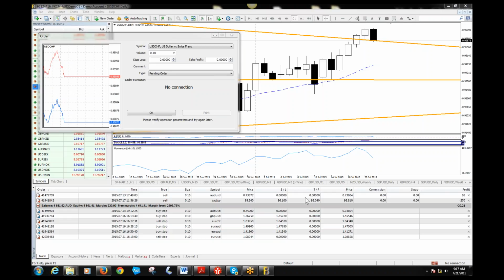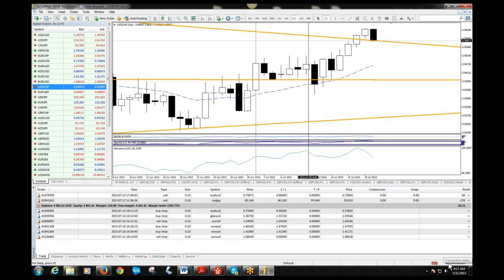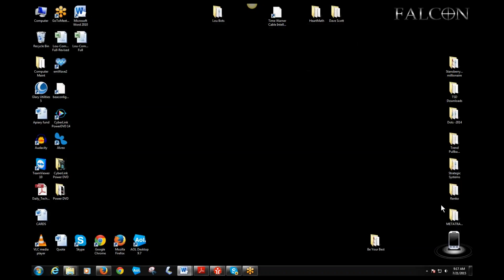I don't know if you guys can hear me or not. I guess you can still see the screen. I think you see where it said lost connection. And down here it says no connection also. All right, so let's close this and then open it again. Someone's trying to send me a text.